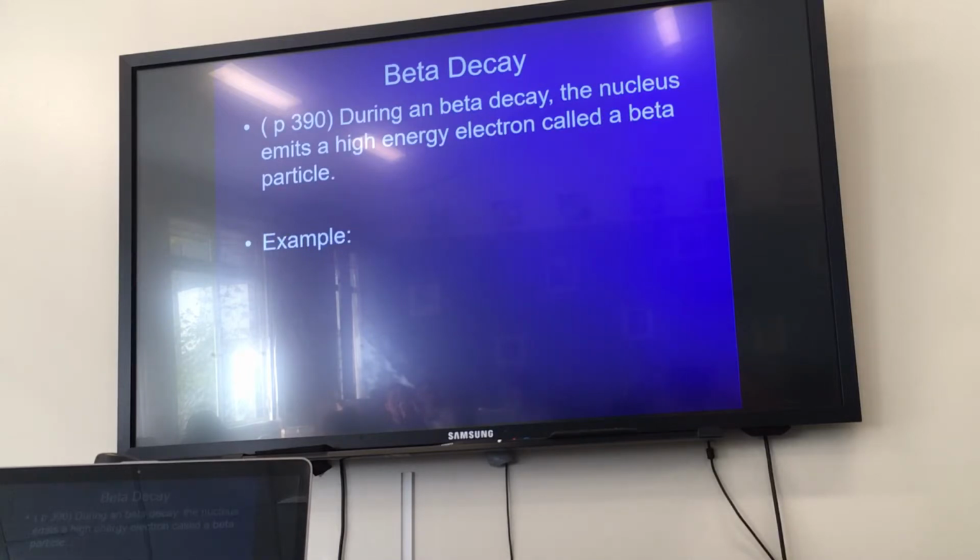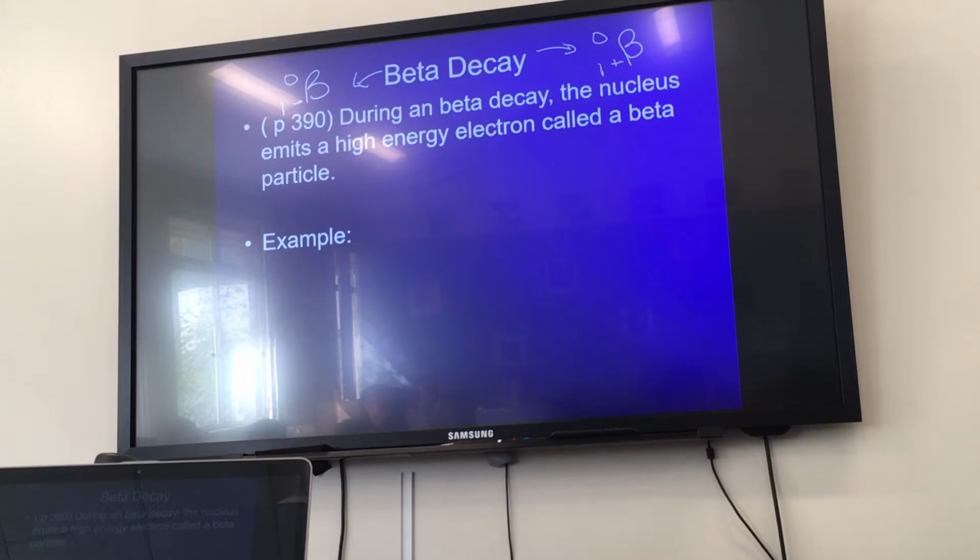In beta decay, there are two kinds: beta negative and beta positive. You need to remember these. Negative starts with a neutron, and positive starts with a proton.